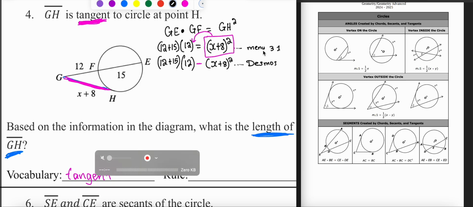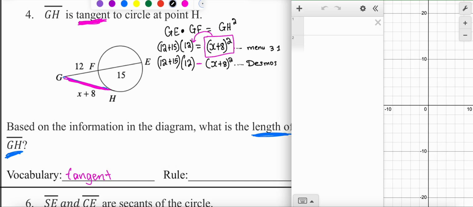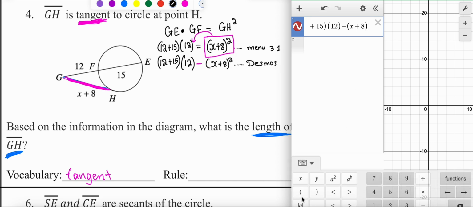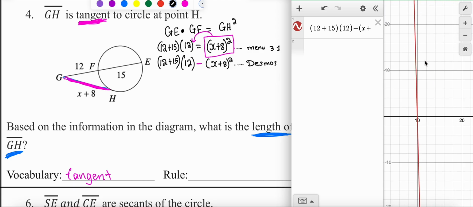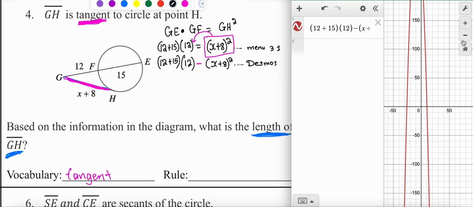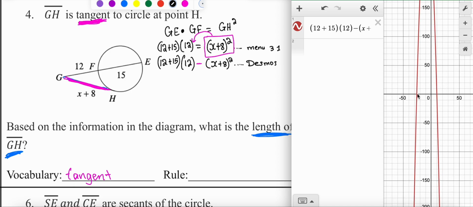So if we go to Desmos, star, plus 12 plus 15, minus x plus 8 square. All right. So I'm going to zoom. All right. So notice when I zoom, it touches the x in two places.